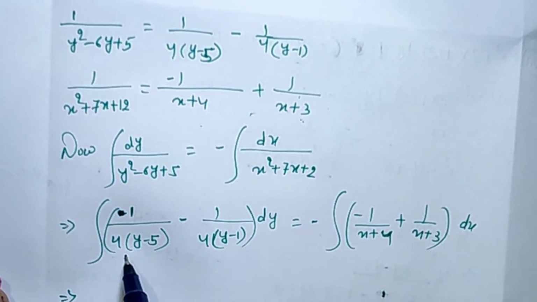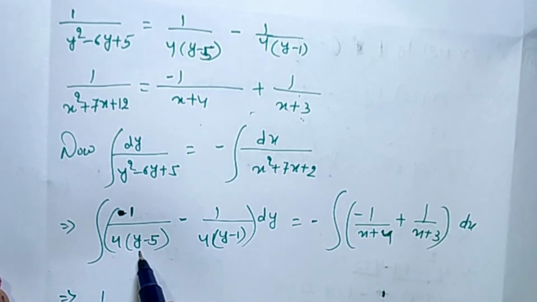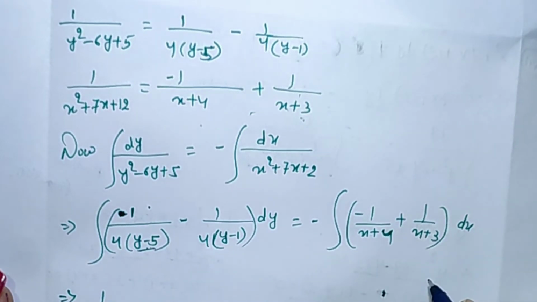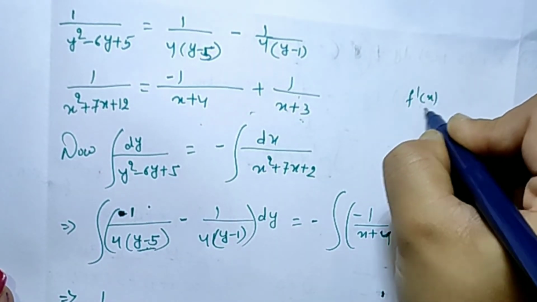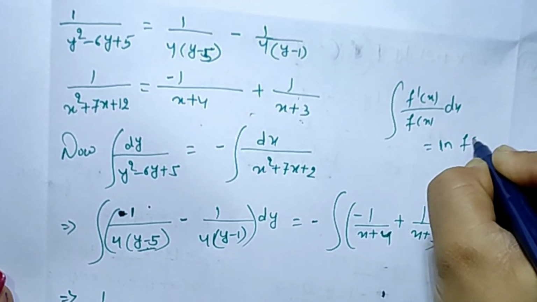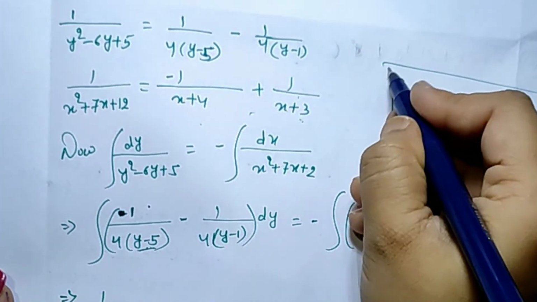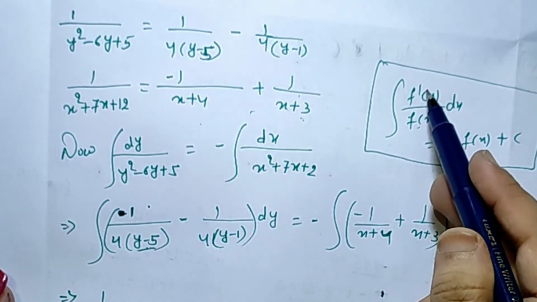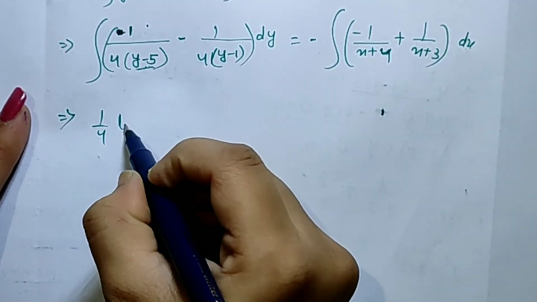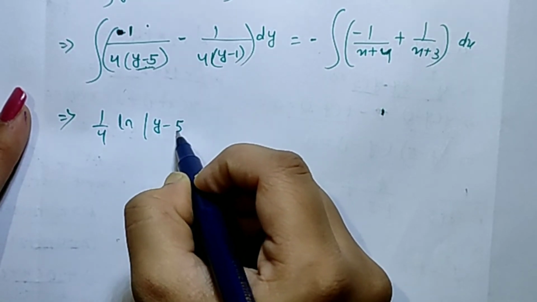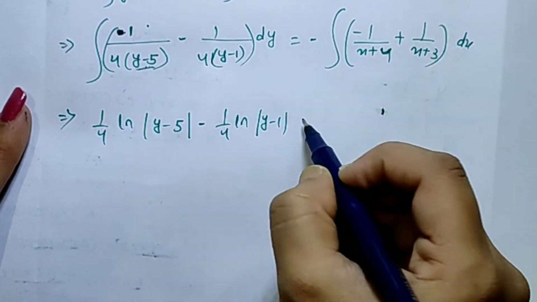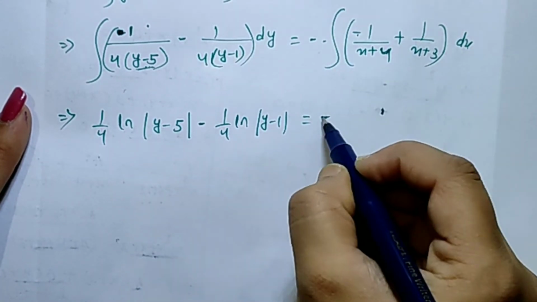Now implies 1 by 4 is constant, y minus 5, derivative of y minus 5 is in the numerator, and I have told you already, if the function is f dash x by f of x dx integration, it will be ln f of x plus c. If the denominator derivative will be in the numerator, then the answer will be ln f of x plus c. So 1 by 4 ln y minus 5 minus 1 by 4 ln y minus 1 is equal to minus, minus plus.